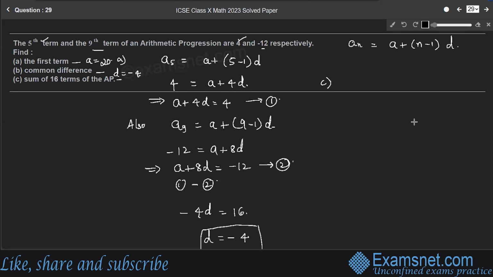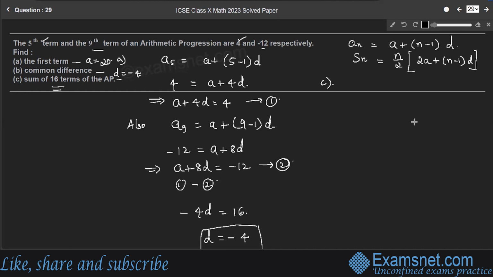Now consider the third part, right? The sum of 16 terms of the arithmetic progression. The sum of n terms of the arithmetic progression is Sn. So Sn is n by 2 into 2a plus n minus 1 into d. This is the sum of n terms in an arithmetic progression.